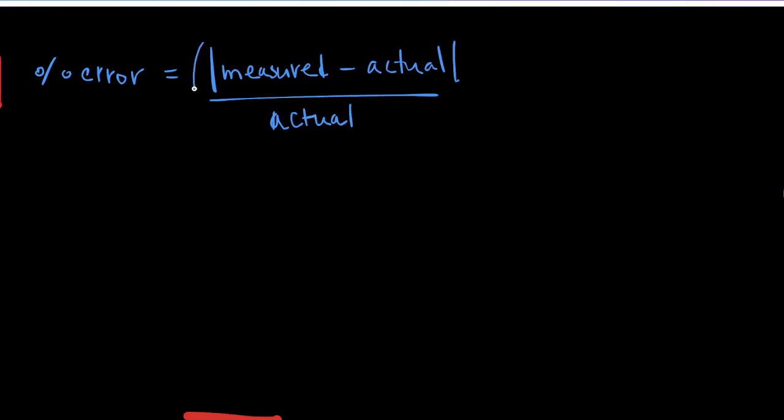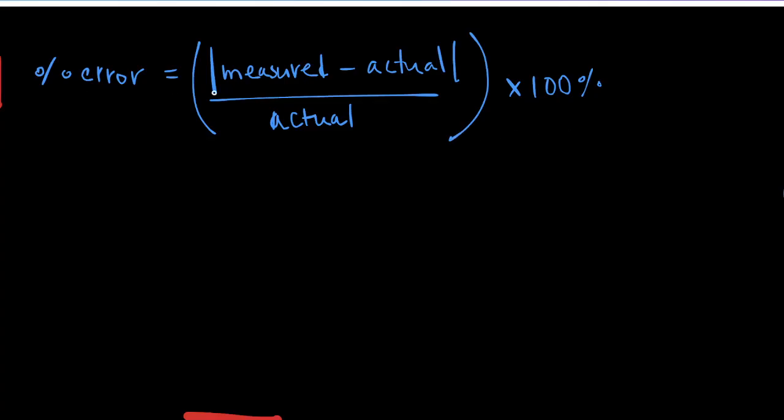And this entire thing, this fraction, is going to be some decimal, right? And since it is percent error, we're going to want to multiply this whole thing by 100% in order to get our answer as a percentage. So this here is going to be your formula for percent error.